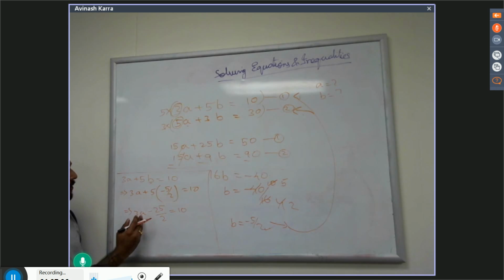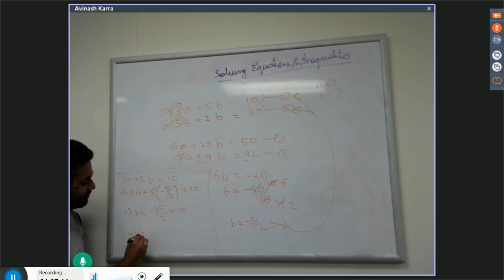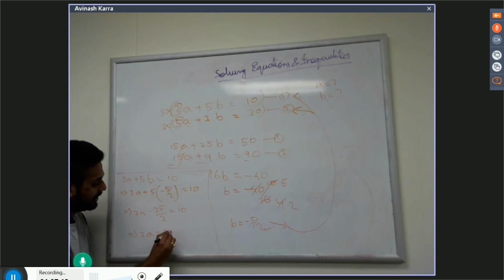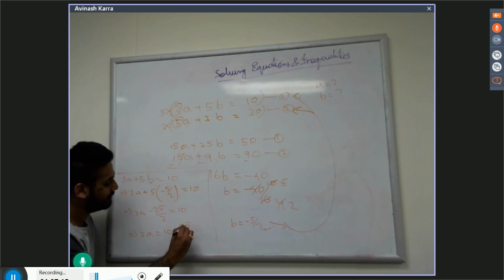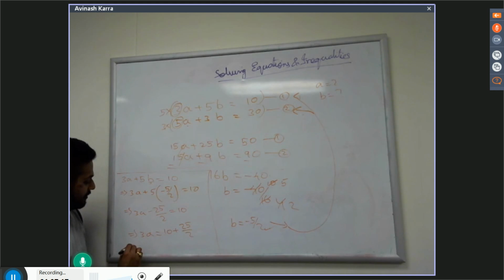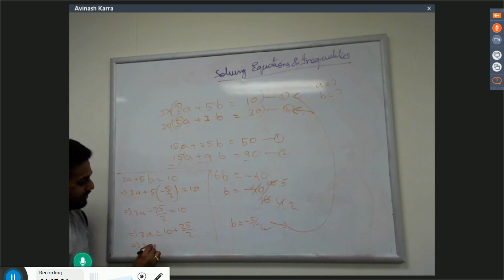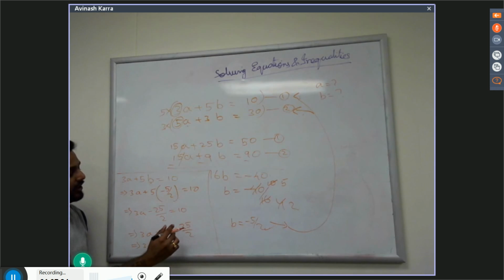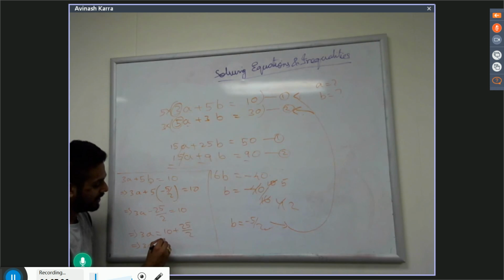Now, I'm making all the variables on one side and constants on the other side. So 3a is equal to 10 plus 25 by 2. So 3a is equal to 45 by 2.